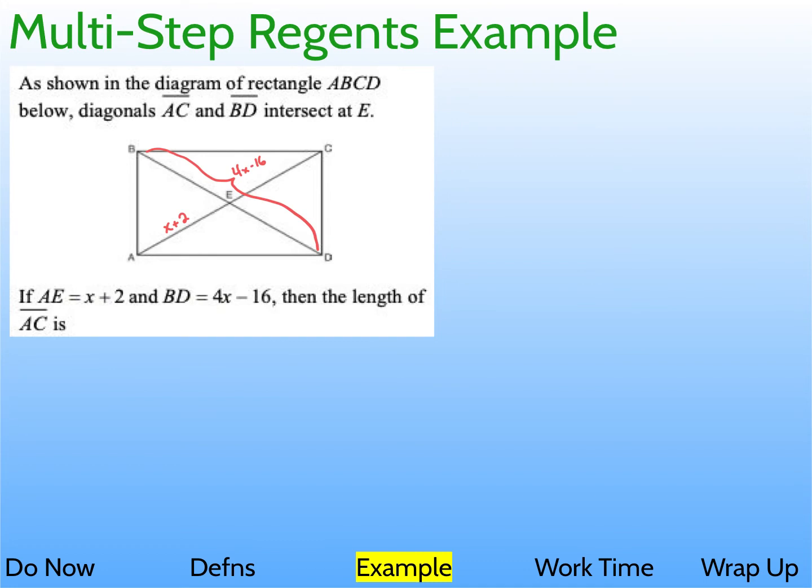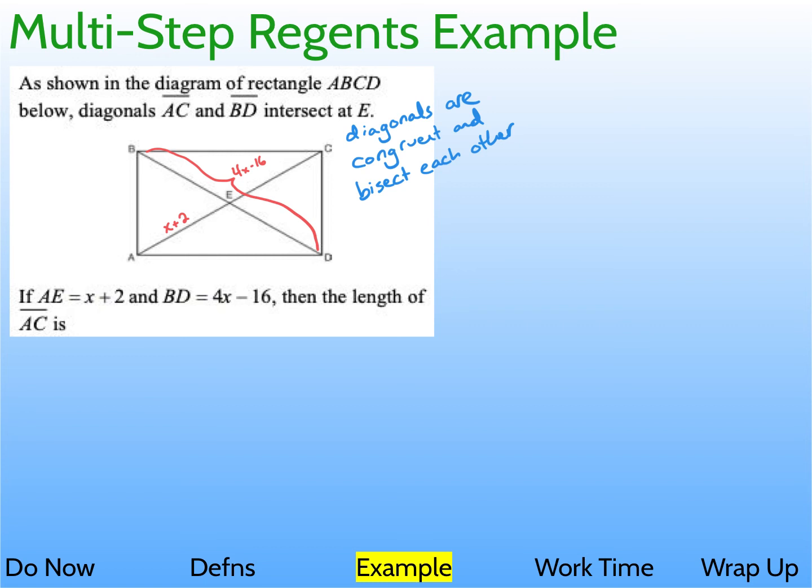So in this example, it tells you that AE, which is just this piece, half the diagonal, is x plus 2. And it tells you that BD, the whole diagonal, is 4x minus 16. Now, one super important piece of information with rectangles is that the diagonals are congruent to each other and they bisect each other.